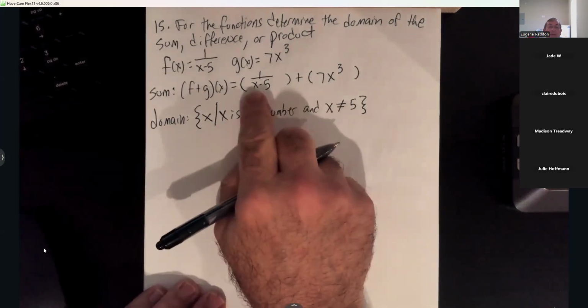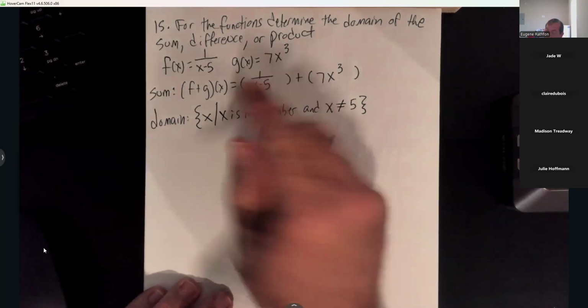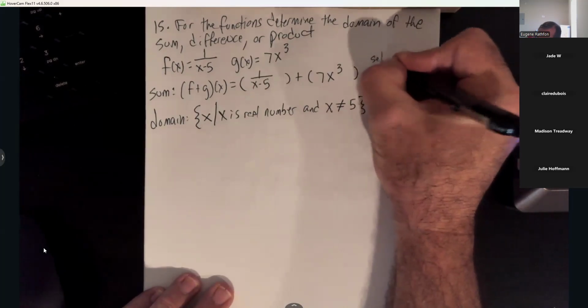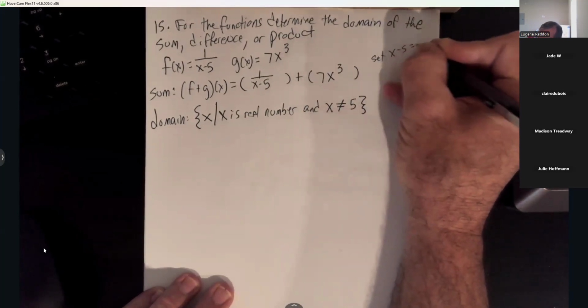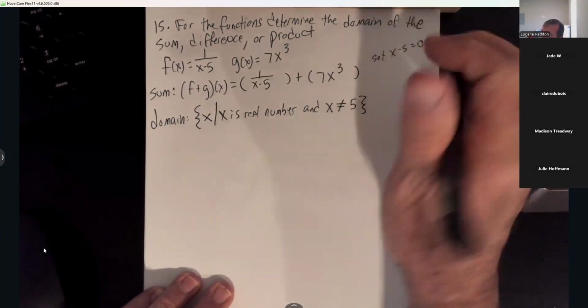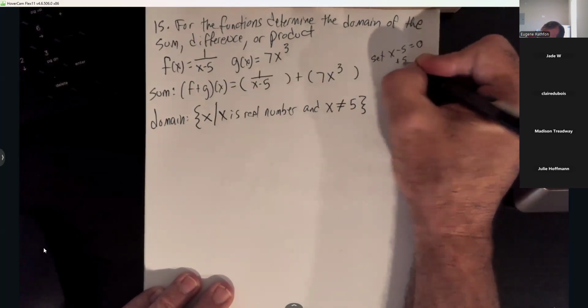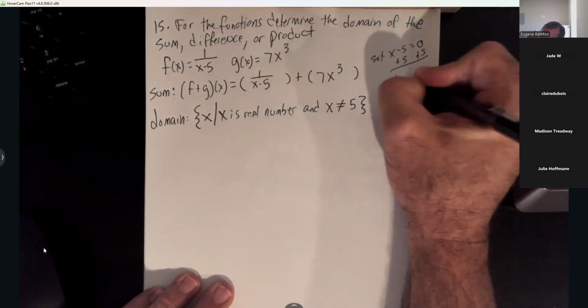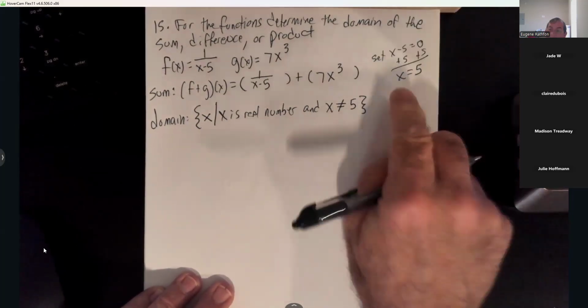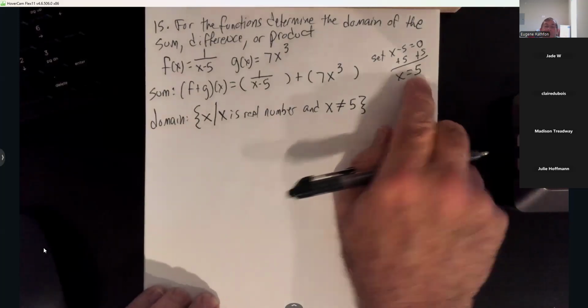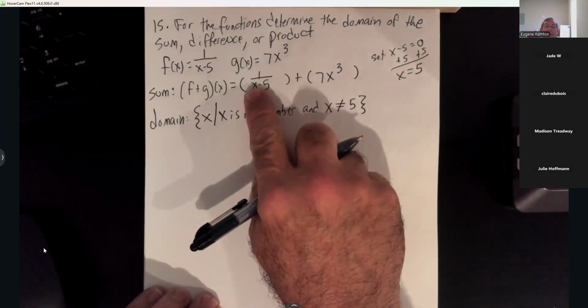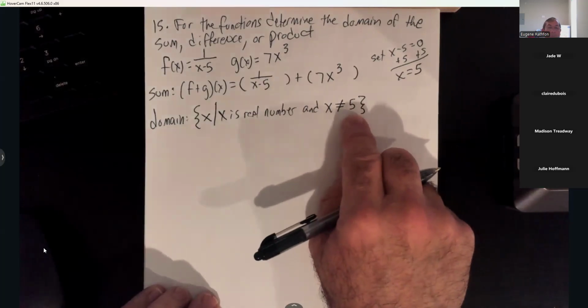Now remember, if you had to, you could set the bottom equal to 0 on that one. You can set x minus 5 equal to 0, solve that by adding 5, and you get x equals 5. Since that 5 puts in that and makes that a 0, we're excluding it.